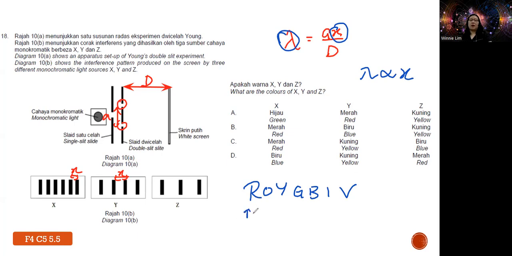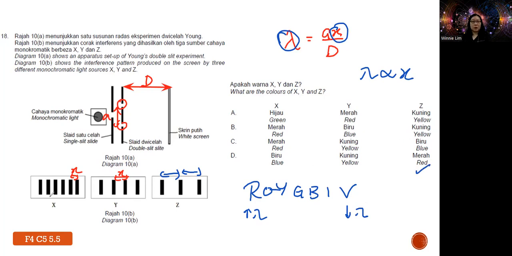So red will have the longest wavelength, violet will have the shortest wavelength. That means Z, the biggest gap, is supposed to be either red or yellow, they are considered kind of big. So it seems like red is longest.